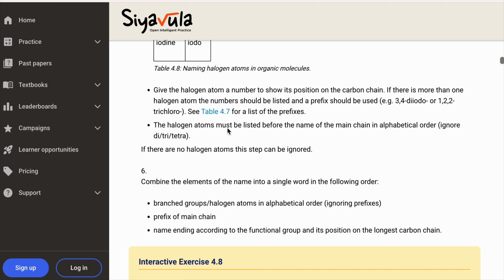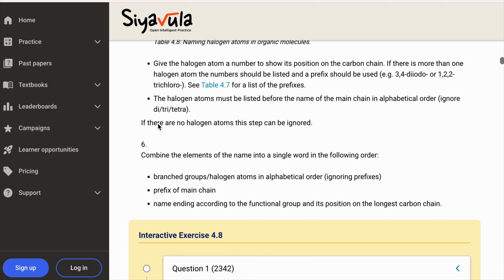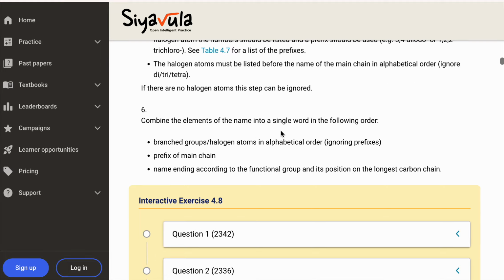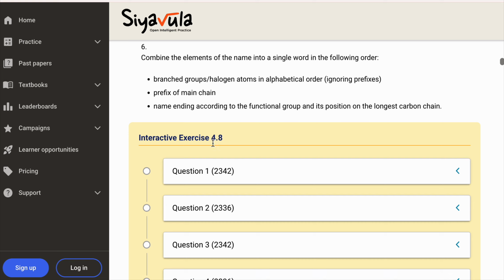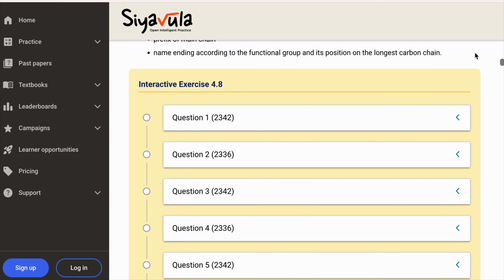The halogen atoms must be listed before the name of the main chain in alphabetical order. Combine the elements of the name into a single word in the following order: branched groups, halogen atoms in alphabetical order, prefix of main chain, name ending according to the functional group and its position on the longest carbon chain.